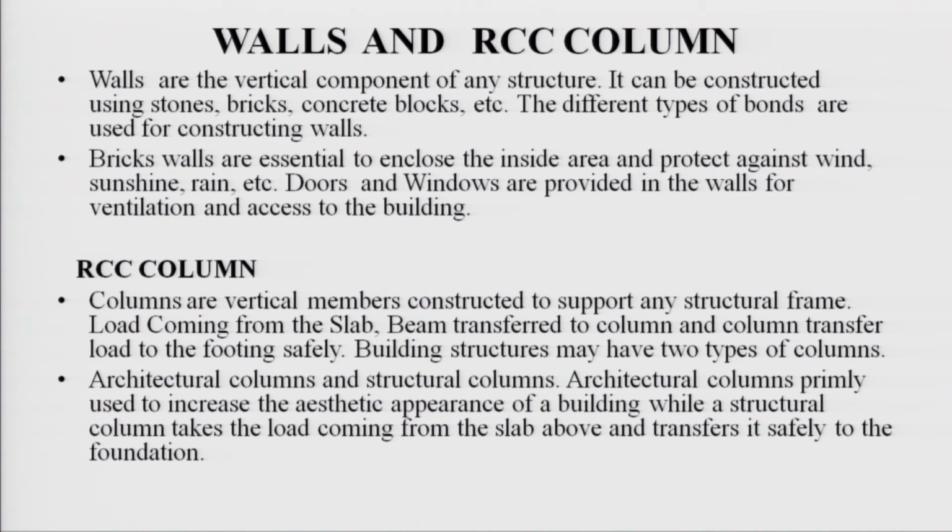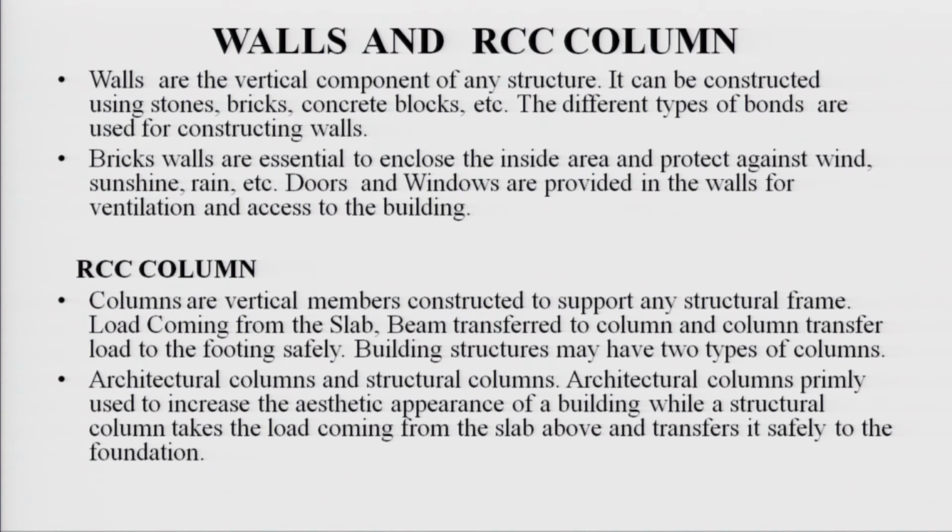Brick walls are essential to enclose the inside area and protect against the wind, sunshine, rains, etc. Doors and windows are provided in the wall for ventilation and access to the building.